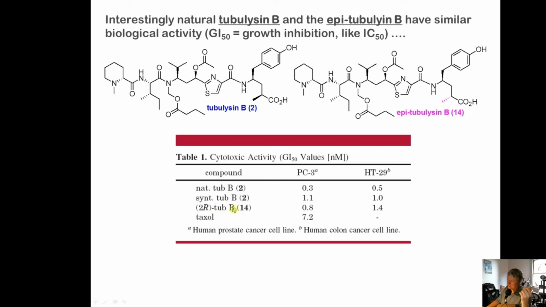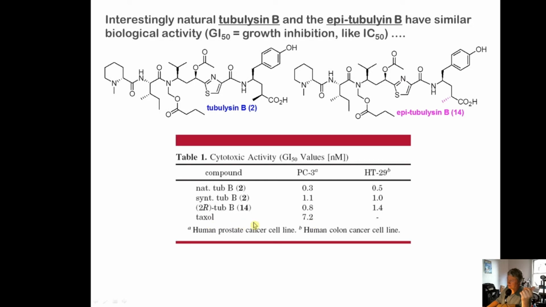And then they did this 2R tube, which is essentially epi-tubulysin B. They called it compound 14. It's basically the same thing, right? It's also very potent against PC3 and very potent against HT29. And this also looked at Taxol just as a comparison, and it's not as potent.